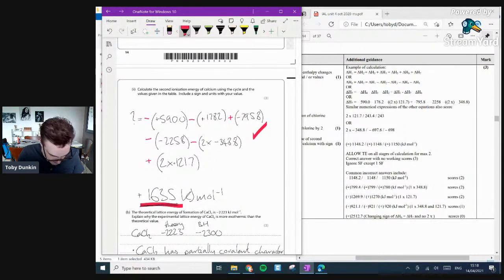Minus brackets minus 2258. Yeah, close brackets. Minus brackets 2 times minus 3. I bet that's what I missed. I bet that sign there is what I missed. Plus brackets 2 times plus 121.7. And I get the same number that I did before.